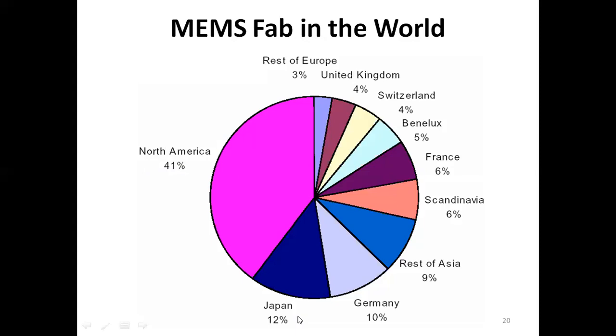Then Japanese are doing 12%, Germany 10%, Scandinavian countries 6%, France, Benelux countries 5%, Switzerland 4%, UK 4%, rest of Europe 3%, rest of Asia 9%, and in this 9%, mostly the countries are China, Taiwan, and South Korea.